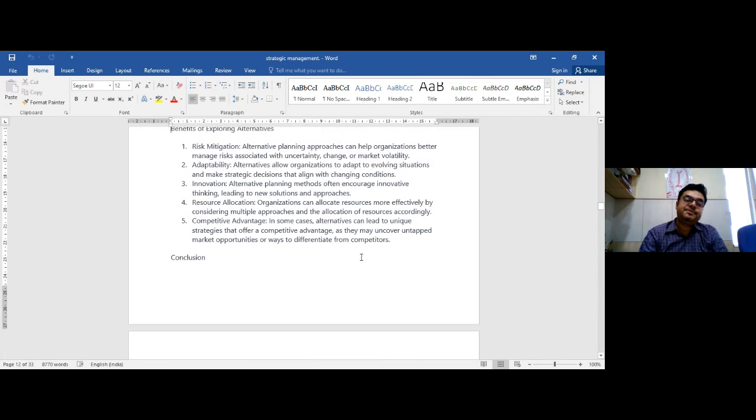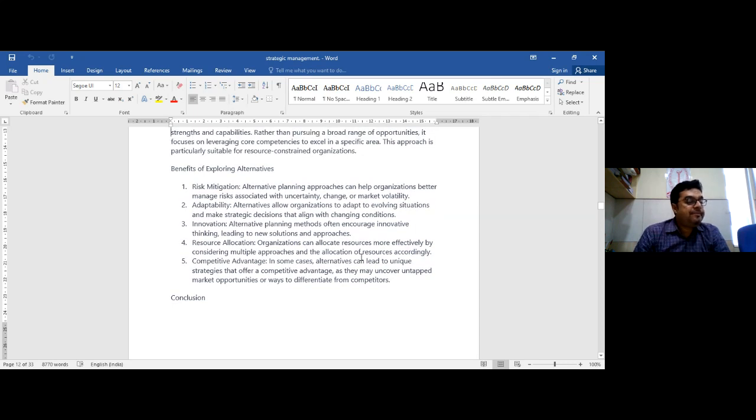What are the benefits? Exploring the various strategic alternatives, because which strategy works in which context, whether there is a problem with any particular division or it is up to the entire firm, employees, resources, these all change.